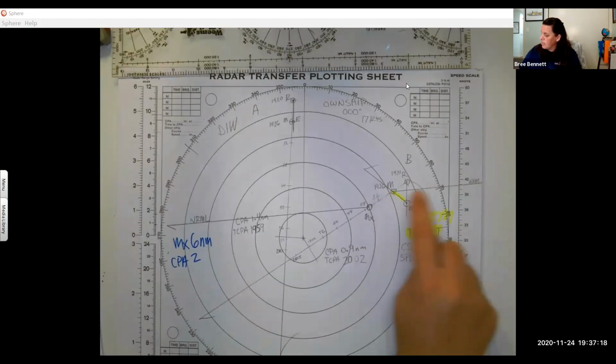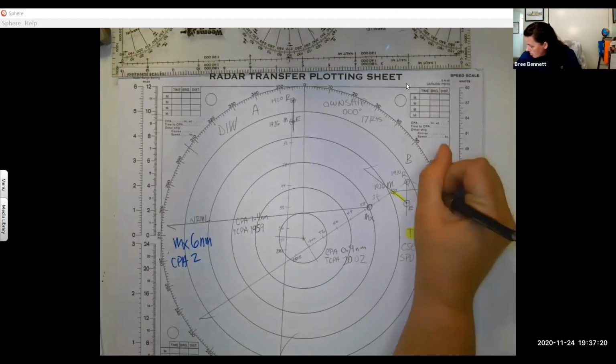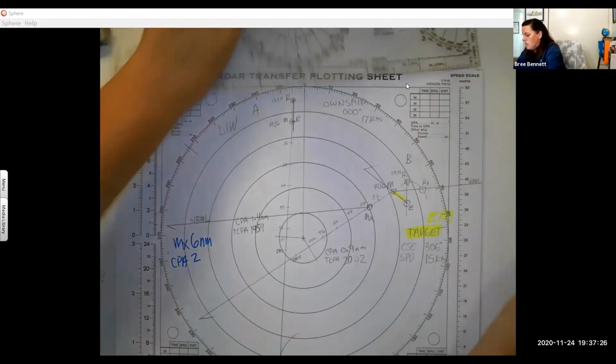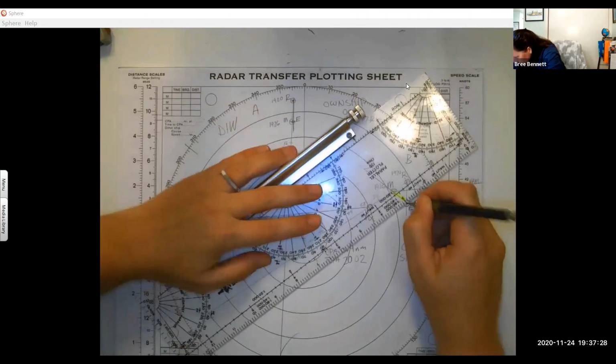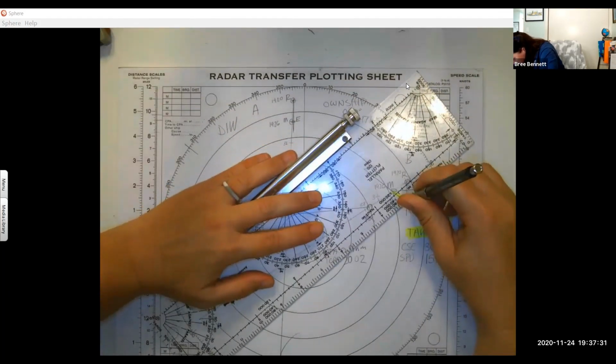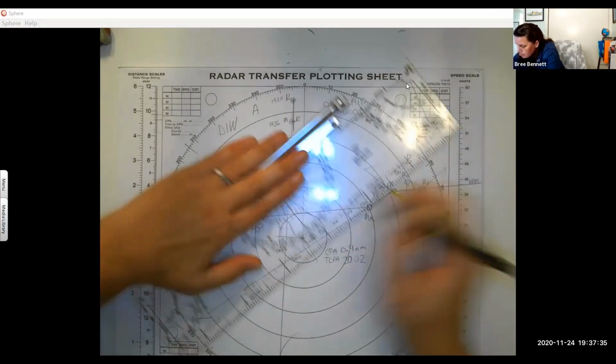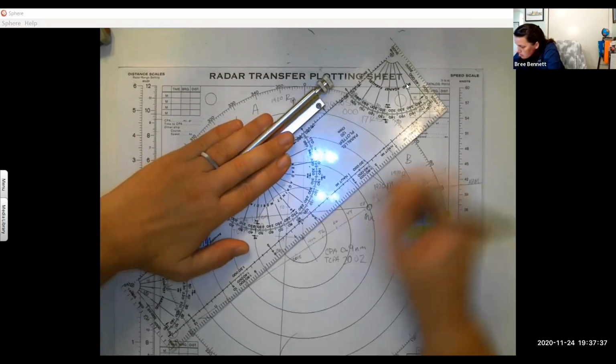So where it hits on this new line, that is going to be my R prime. So let's connect E to R prime. Get back to the center.